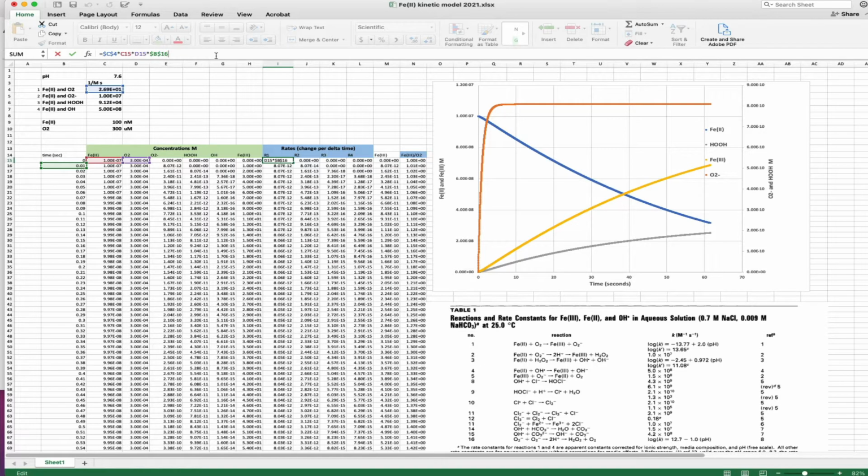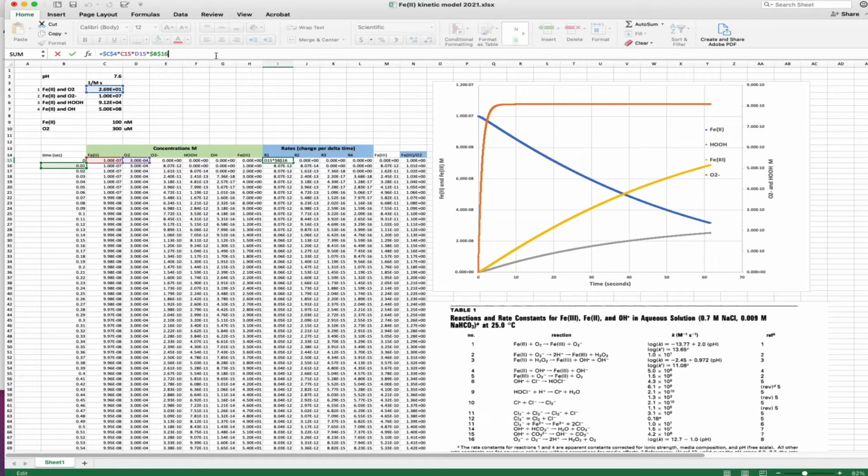And that's to make sure that my small time step is not... I'm using small time steps in this kinetic model, small delta t's, so that I don't have bad things happening to my model. If I step too far into the future, I can generate negative concentrations when things are exponentially decaying.